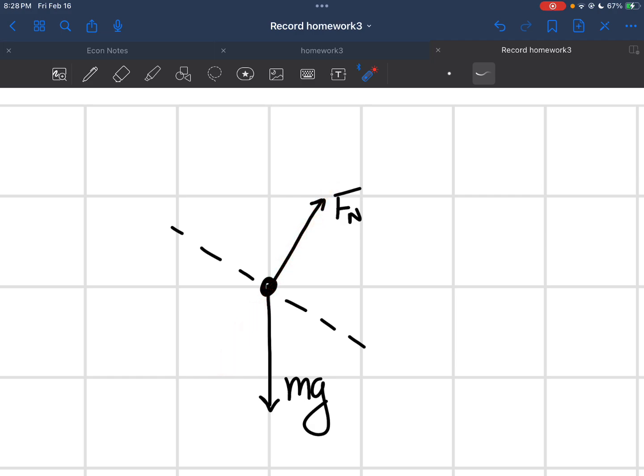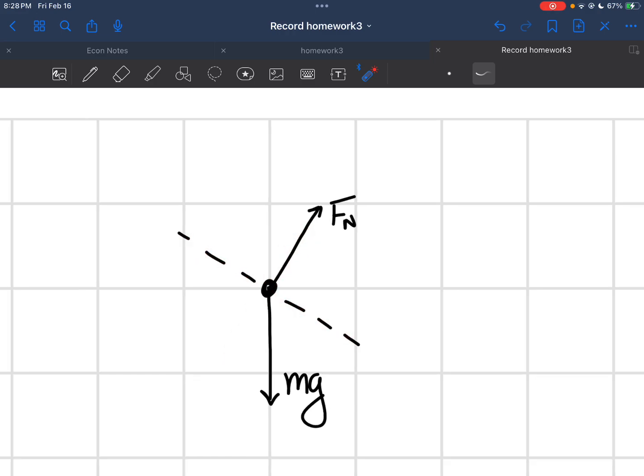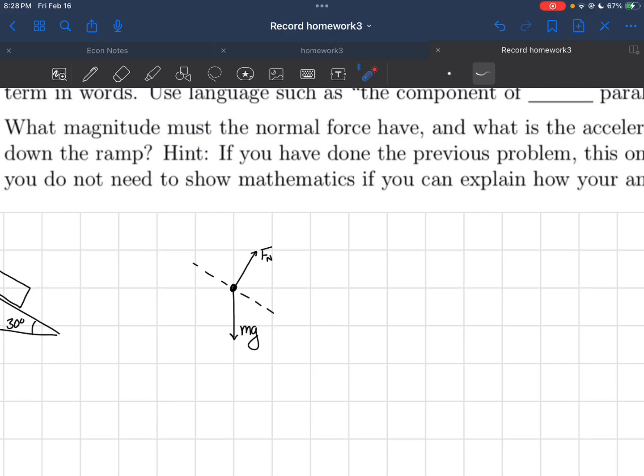Because we want to align our axes with the direction that we're going to be accelerating. Since we're not going to be accelerating into or out of the surface at all, if I can set up my coordinates so one of them is going in that direction, then I can say my acceleration in that direction is 0, and I don't have to worry about any trig or anything like that.